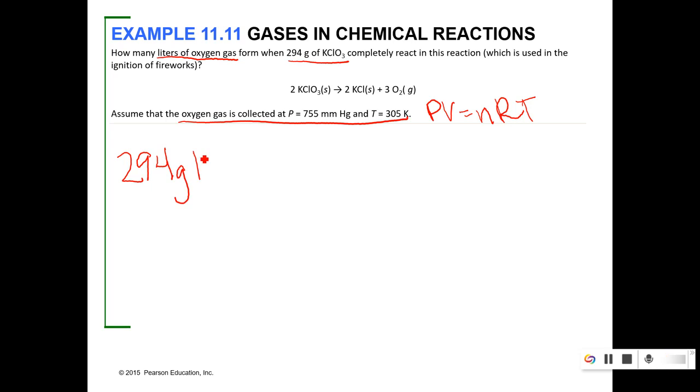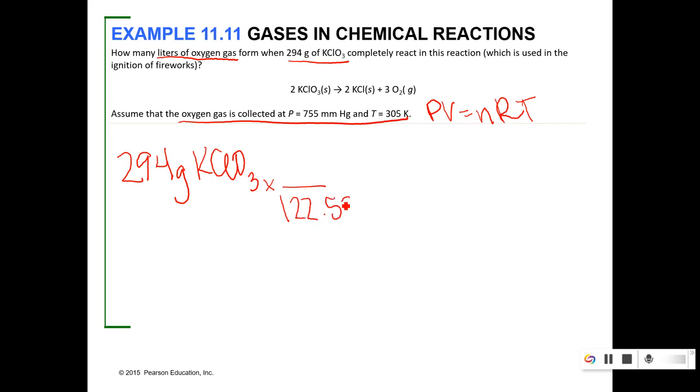Okay, so first let's get 294 grams of KClO3. Of course, I didn't bring home my periodic table, but handy dandy, I've got my phone. So 39.1 plus 35.45 plus 16 plus 32.